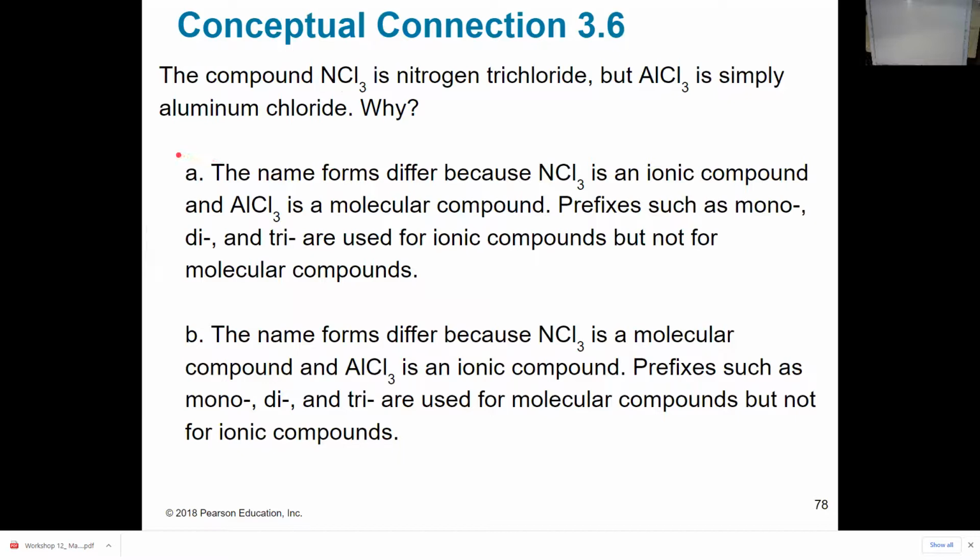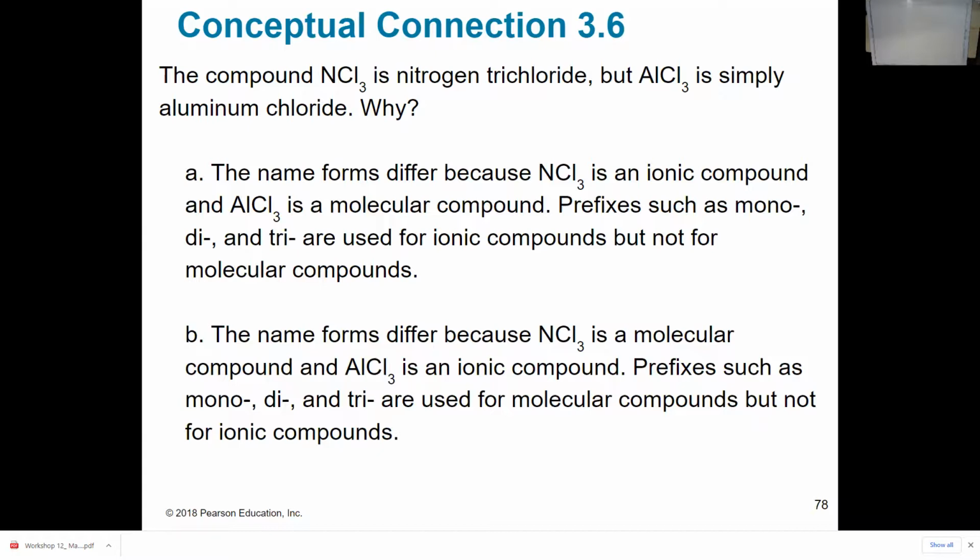Now, we looked at this conceptual connection in class. The compound NCl3 is nitrogen trichloride, but AlCl3 is simply aluminum chloride. And why is that? The basis of answering this question is being able to differentiate between a molecular compound and an ionic compound just by looking at the formula. NCl3 is a molecular compound. There are no metals present.